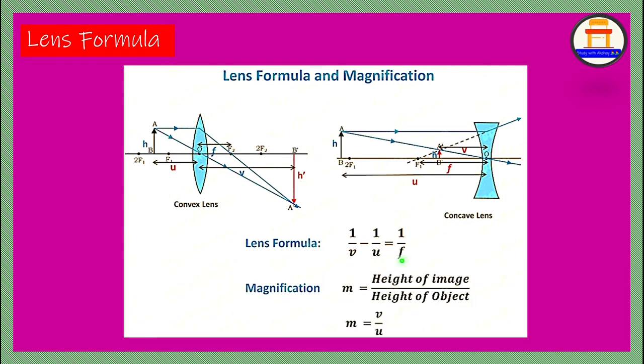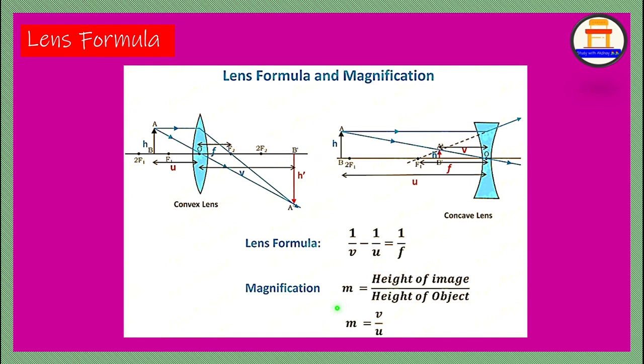So linear magnification as well as the lens formula, both the formulas are applicable for both convex as well as concave lens. Irrespective of the lens, it is applicable. Right. So magnification is indicated by the letter m, linear magnification.